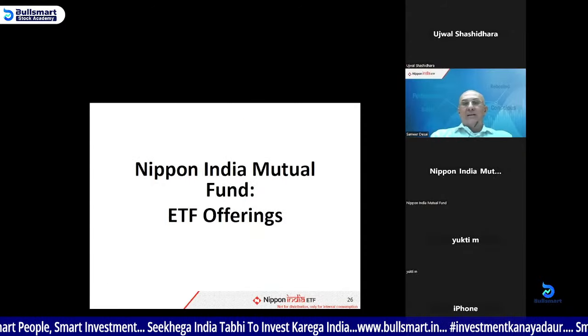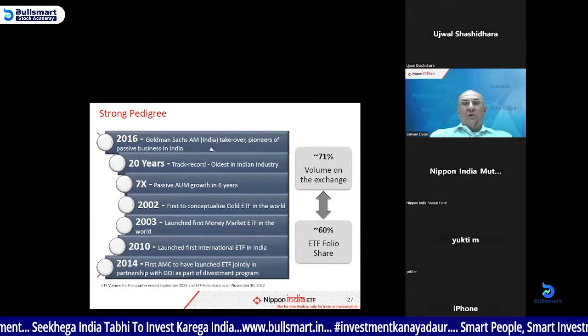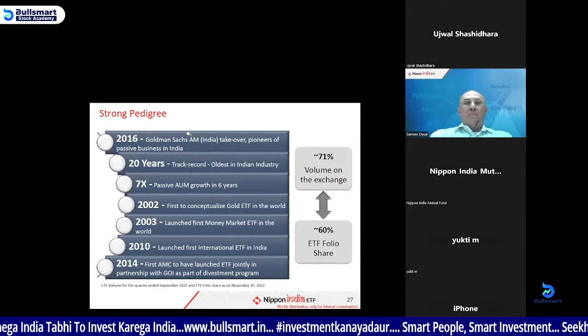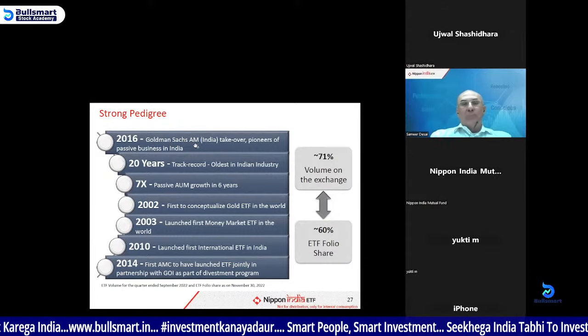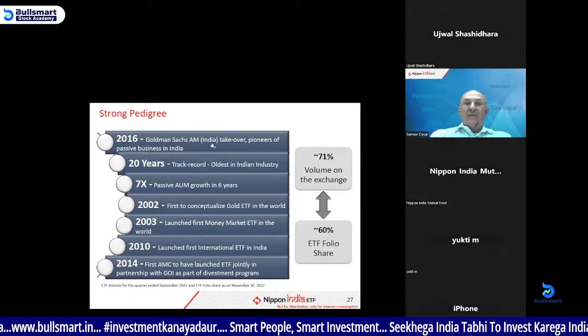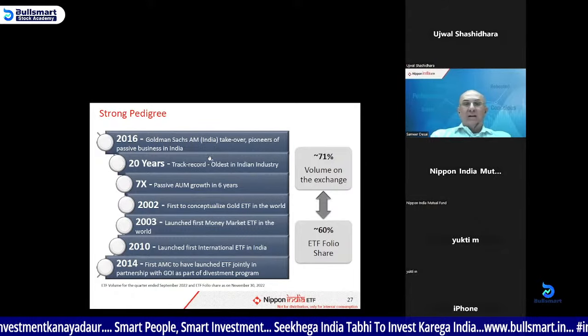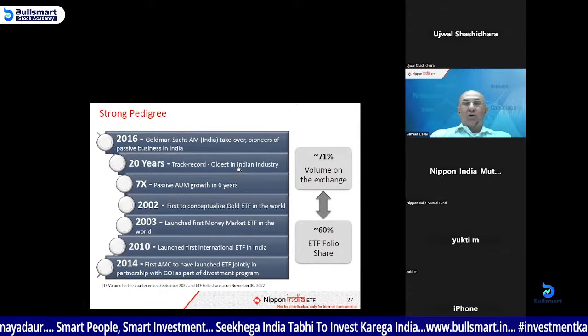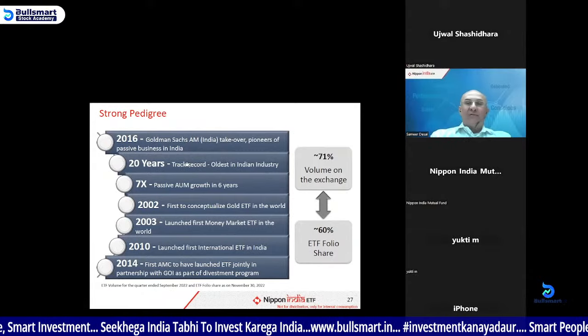So having seen this, let us go to the Nippon India track record. In passive investing, Nippon India, by virtue of the acquisition of the Goldman Sachs Benchmark ETF business, has the longest track record in the industry of 20 years. This is the oldest track record in the Indian industry for passives or ETFs.